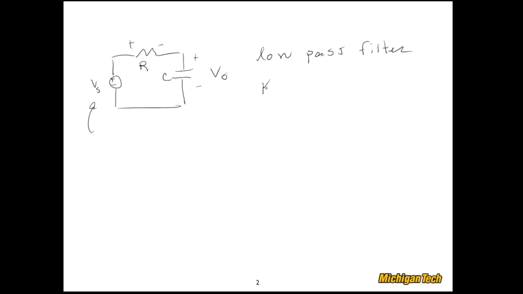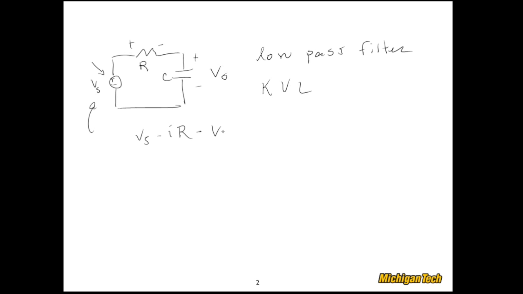If we use KVL, Kirchhoff's voltage law, we're just going to do a sum of the voltages about each element and set that equal to 0. So we have a voltage rise across our sensor or supply or source, whatever you want to call it. And then we have a voltage drop across the resistor, and that's IR.